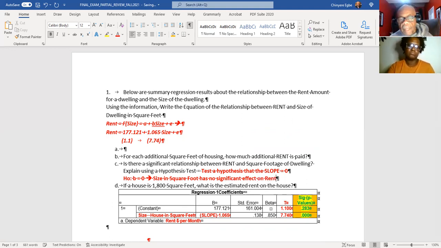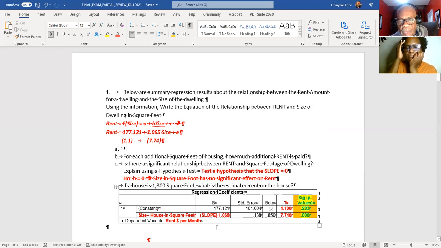Which is to say, the size of the apartment does not determine the rent. Size has nothing to do with how much rent you pay. That's what it is. Because you're testing that the slope here is 0, which is to say that this size in square foot has no significant effect on the amount of rent that is paid.